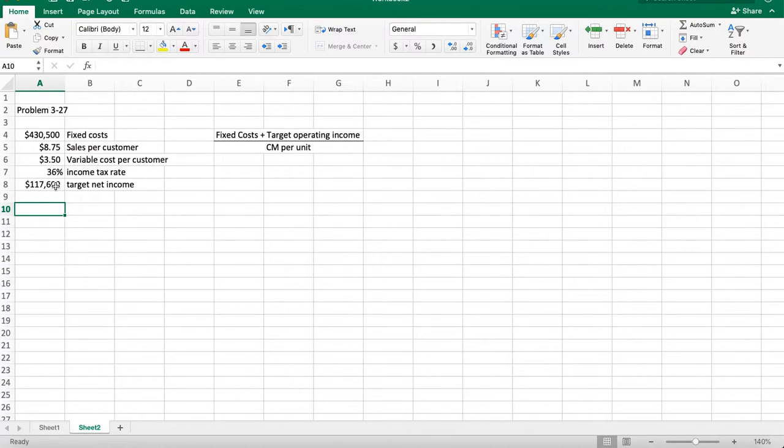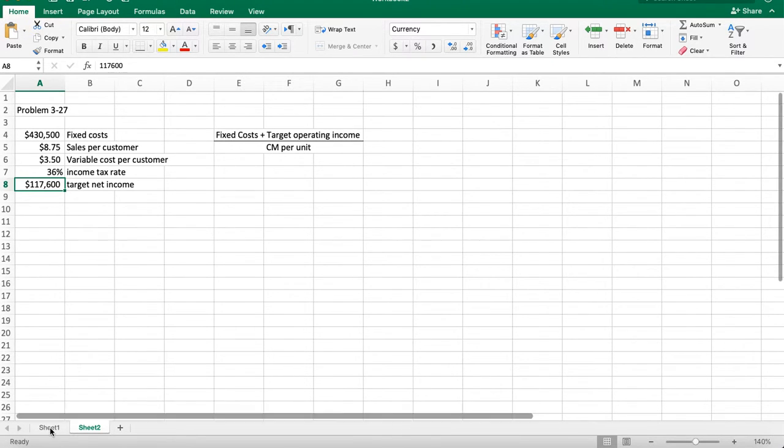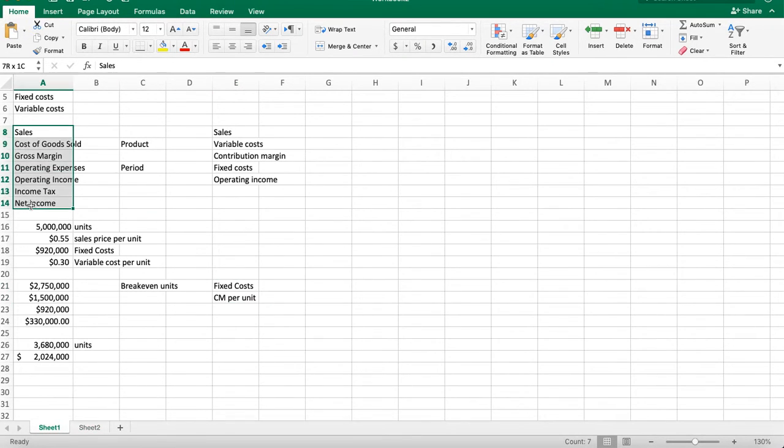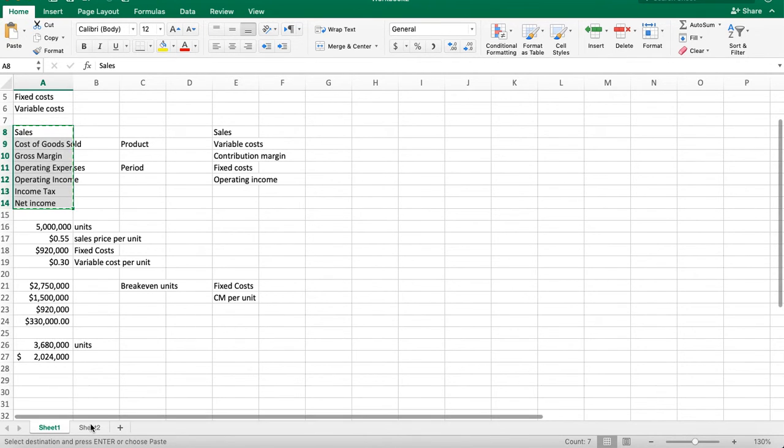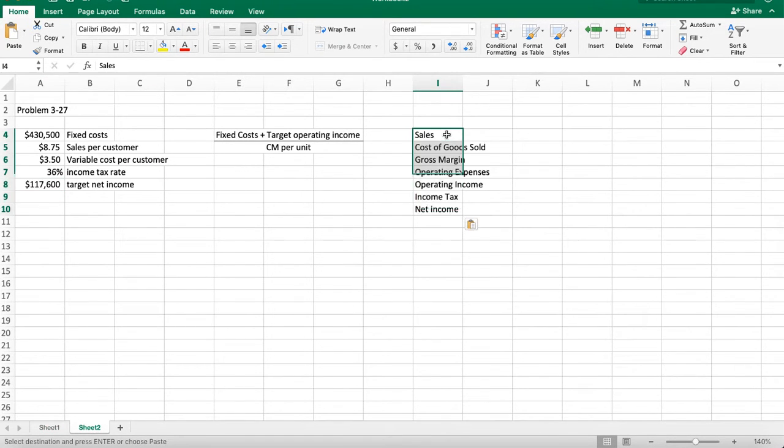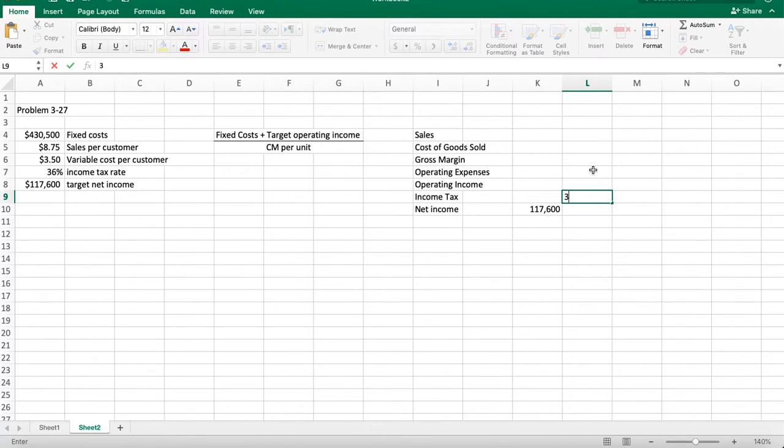However, this is our net income. So if we had it in this format over here, what we're looking for is right here, and what we need in our formula is operating income. So we've got to figure out what that number is. Now remember, this is 36%.